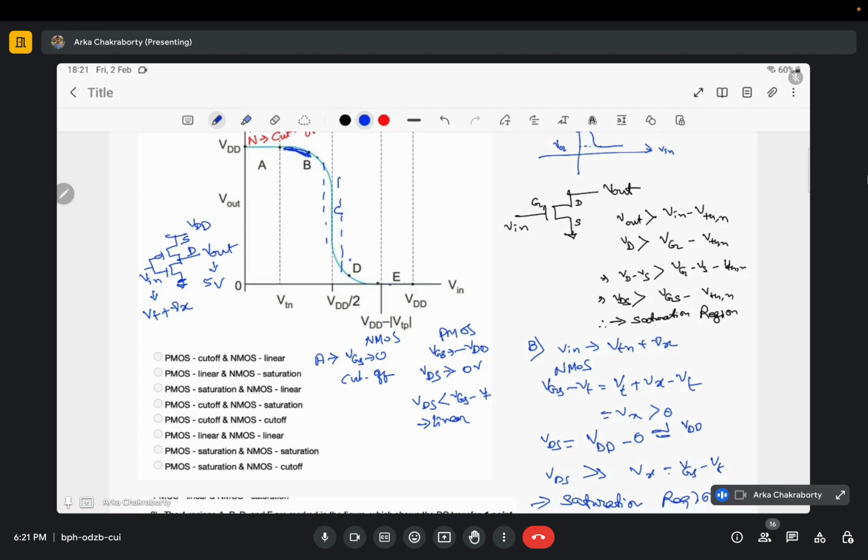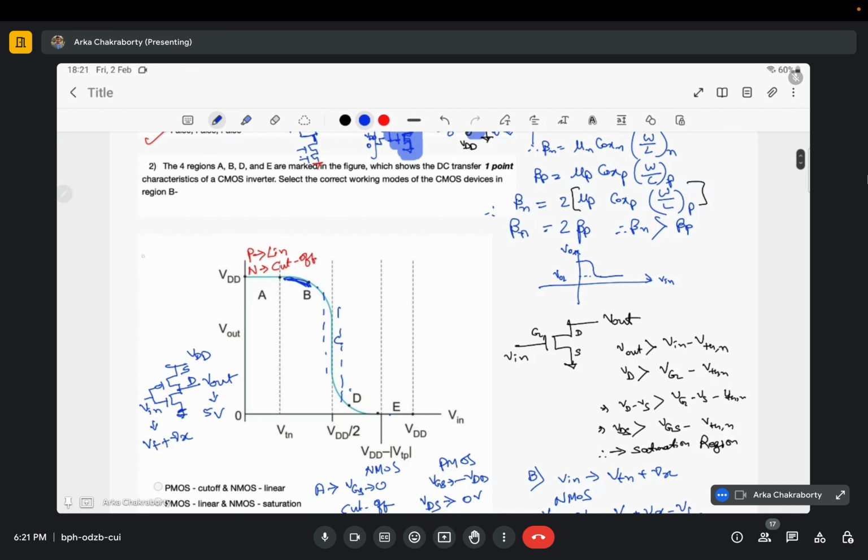It is very important to remember that in a CMOS circuit, when the pull up network or pull down network starts to turn on, it starts from saturation region and not linear region. If you look at the curve of a MOSFET, what do we expect? Something like this: when VGS is greater than VT, and this is my VDS and this is my ID, it starts in linear region and then enters saturation region.